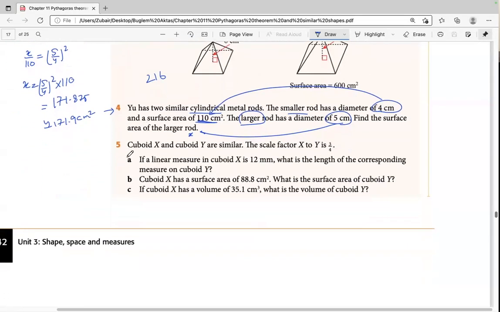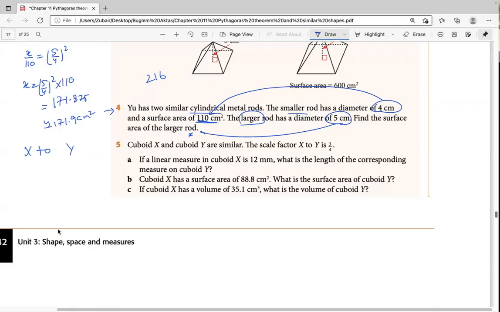Question number 5. Cuboid X and cuboid Y are similar. The scale factor X to Y is 3 by 4. So if I may see that from X to Y is 3 by 4. That means Y is actually smaller in size.